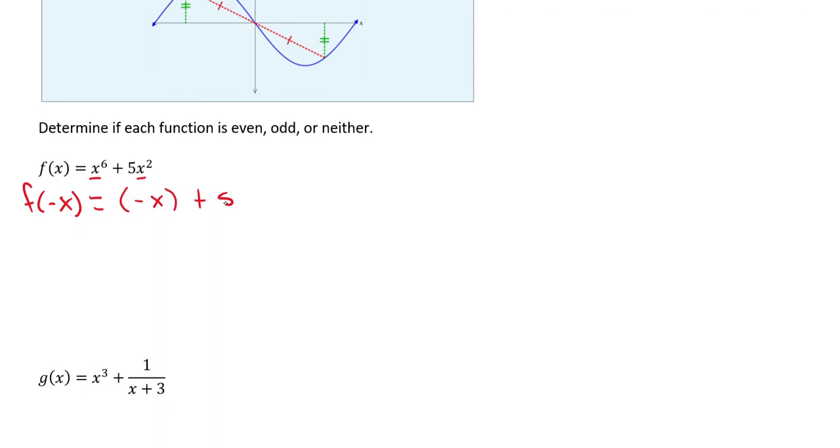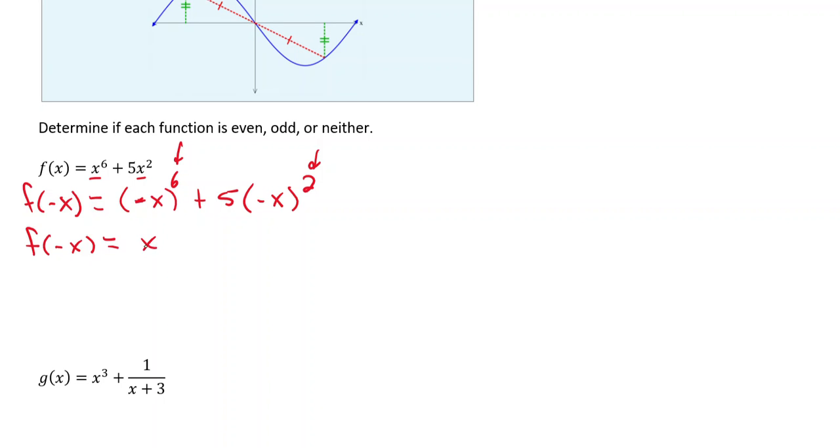So then plus 5 times negative x squared. Oh, sorry, I forgot the 6 there. Sorry, let me go back through it. So now f of negative x is equal to... It really depends on whether we're talking about even exponents or odd exponents. If I have an even exponent as my power, then this negative is going to become positive.